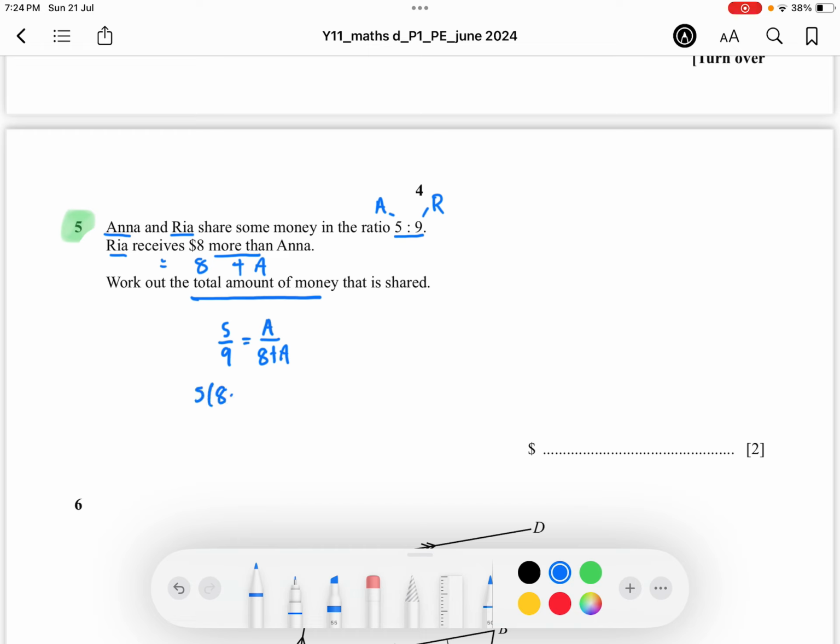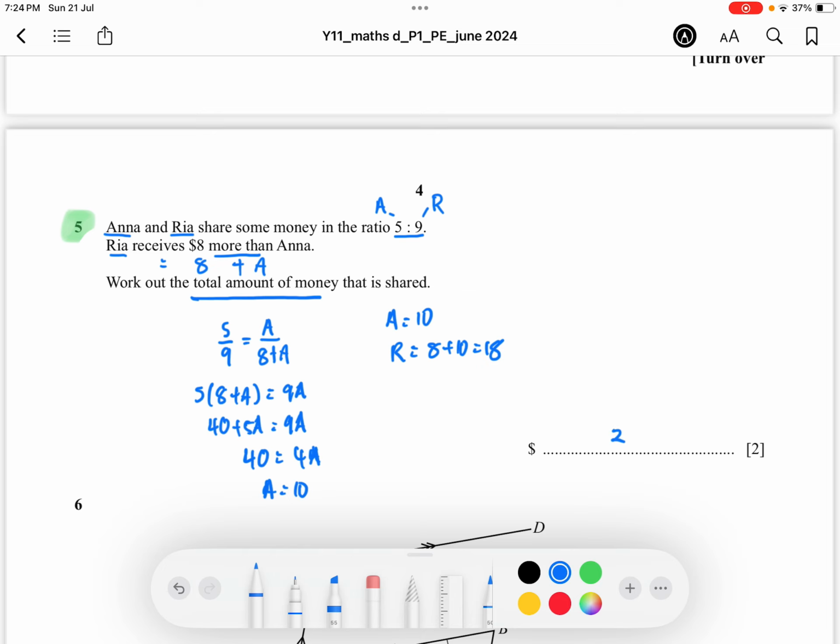You get 5 times (8 plus A) is equal to 9A. Expand it, 8 times 5, subtract 5A both sides, divide both sides by 4, and you get your A is equal to 10. But since the question is asking for total amount, Anna is 10, Ria is 8 plus 10 equals 18.